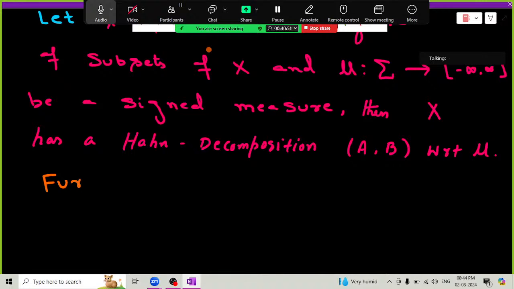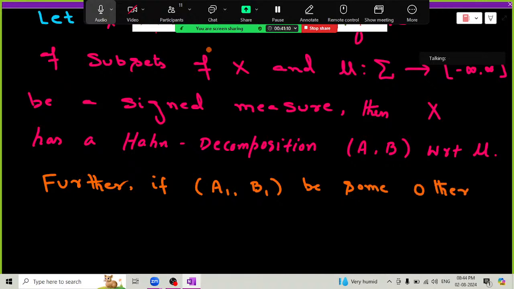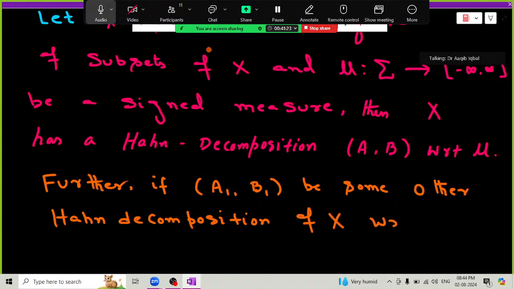Further, first of all there is existence: A comma B is a Hahn decomposition of X with respect to mu. Now further, if A1 comma B1 be some other Hahn decomposition of X with respect to mu, then what will happen?